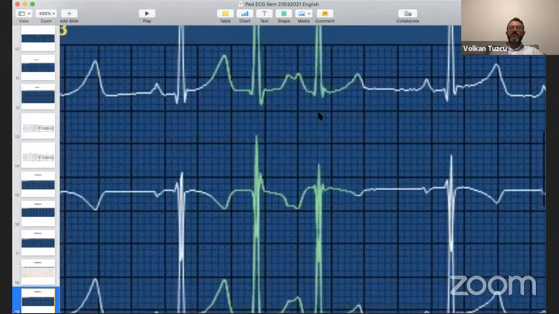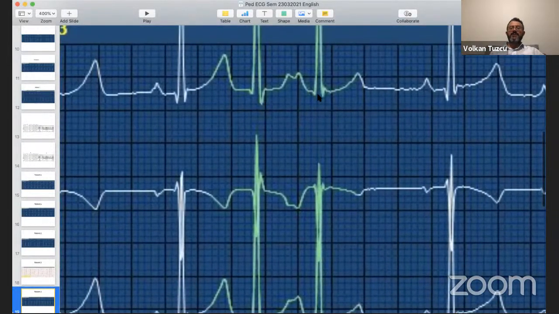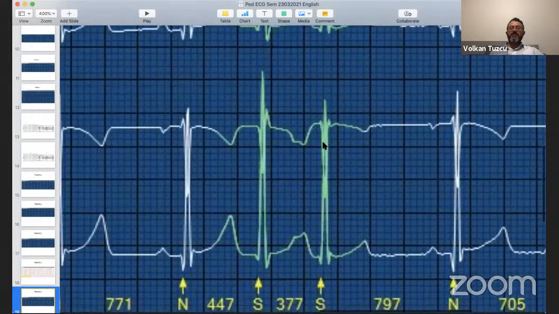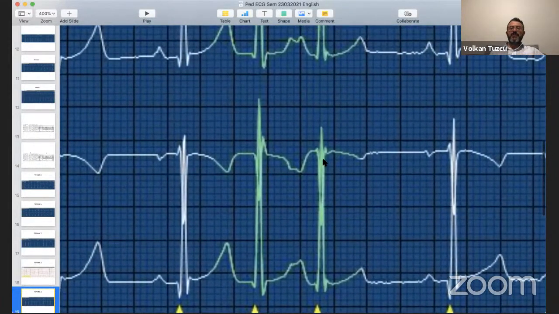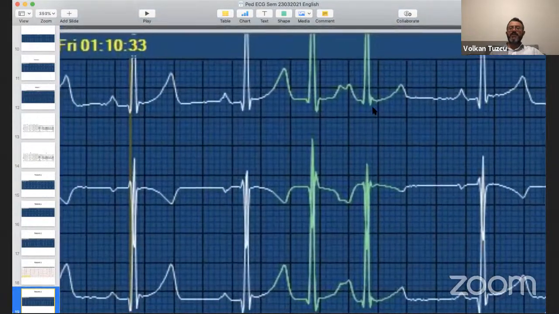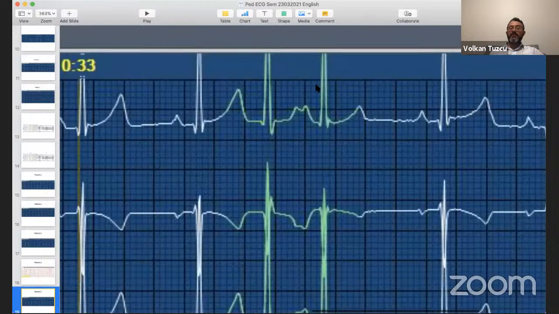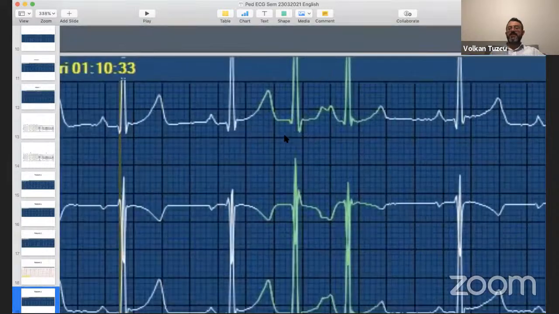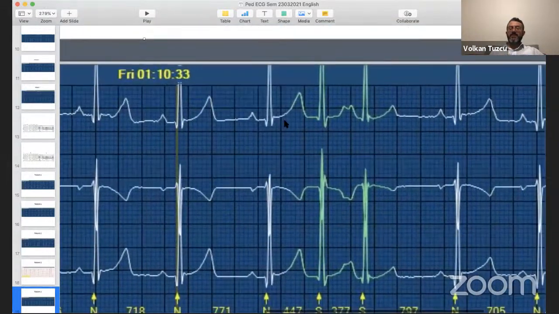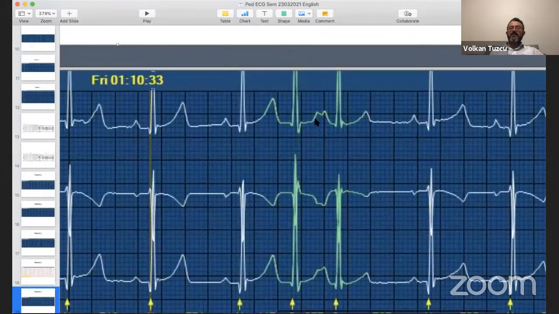Just pay attention: you don't have this negative segment, and there's no R prime here. So that's like a normal intrinsic QRS. Therefore, this QRS is a result of this P wave, and this is not a ventricular couplet. That's our first result: you have a PVC followed by a P wave that's conducted.